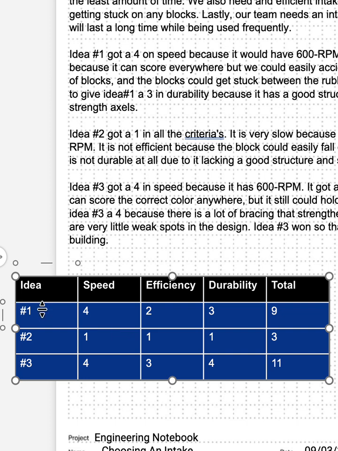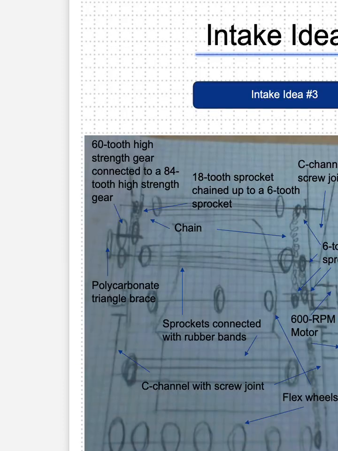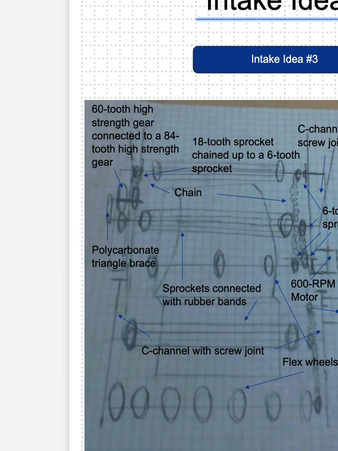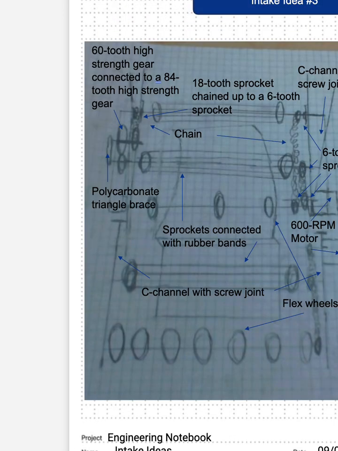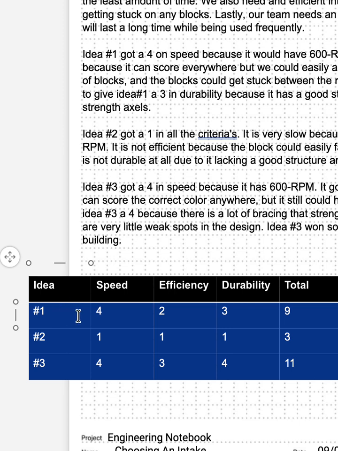We had idea 1 on our intake, idea 2, idea 3, and then we had the criteria: we want a fast intake, an efficient intake, and a durable intake. We numbered everything from 1 to 4, 4 being the best at that criteria and 1 being the worst. So you have all the ideas here. And then you go to the decision matrix, and idea 1 got 4 in speed, 2 in efficiency, 3 in durability.